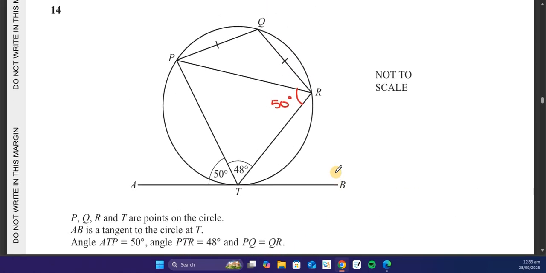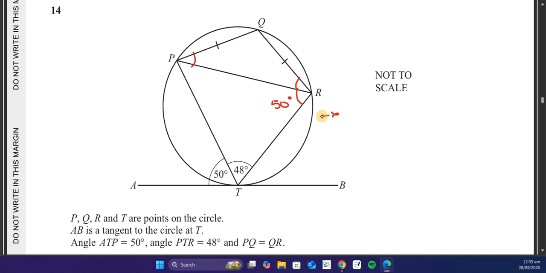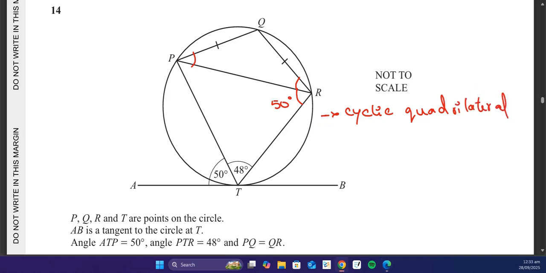All right, find angle QPR. So QPR is basically this angle over here. Does it make sense? Because this is what is known as a cyclic quadrilateral. Make sense?